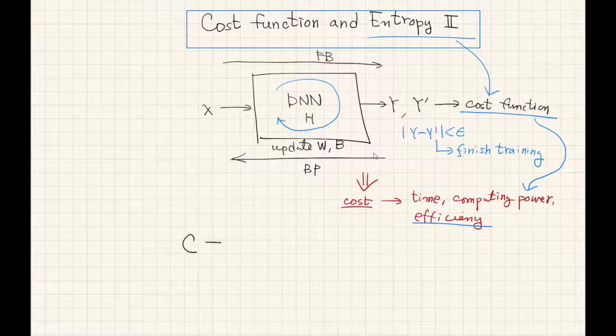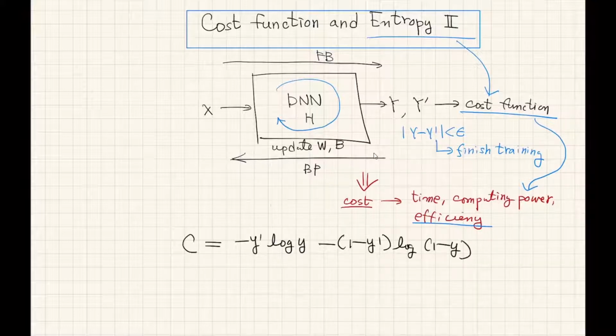Mathematically, the entropy function can be described by this equation. Y dash is the target, and y is the DNN output.